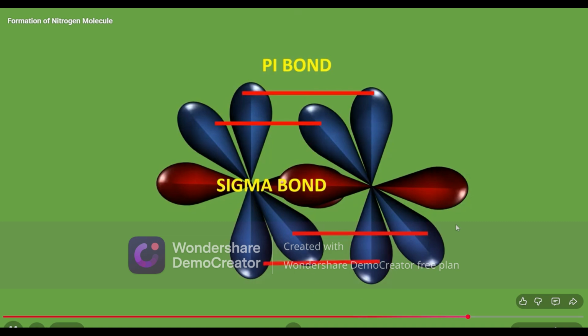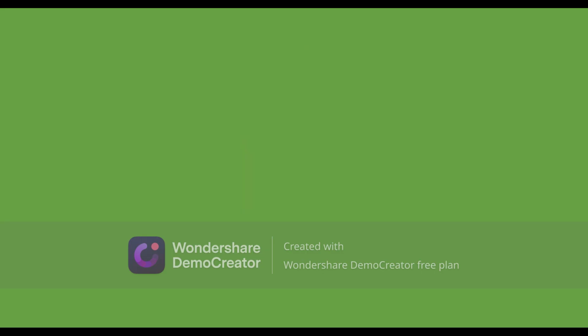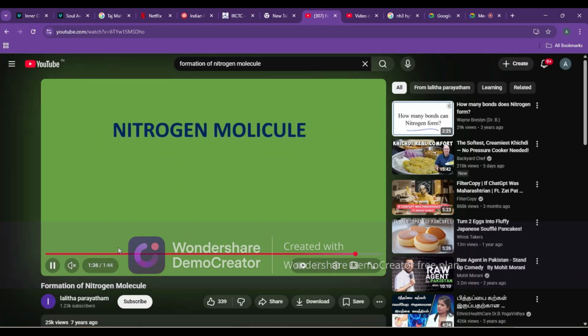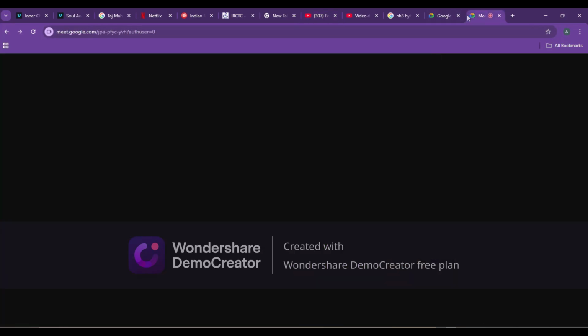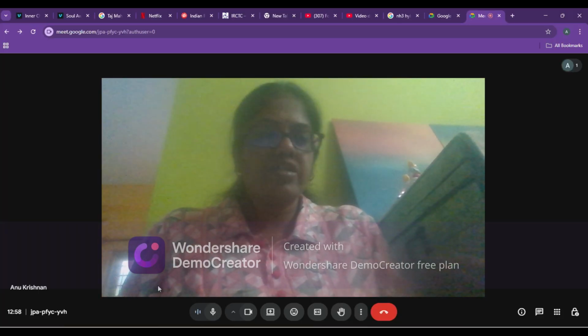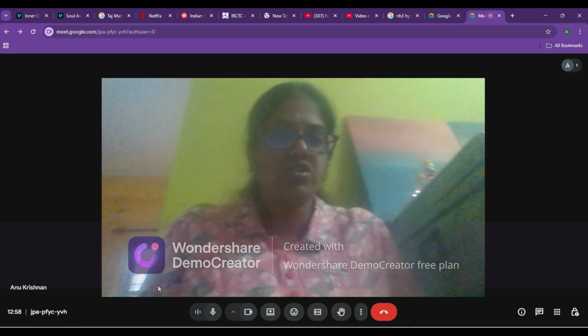So we have 3 bonds in nitrogen. This is how, by valence bond theory, oxygen and nitrogen form, and in VSEPR the rest of the bonds are formed.